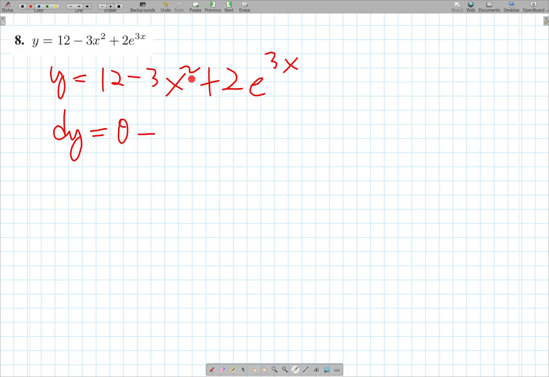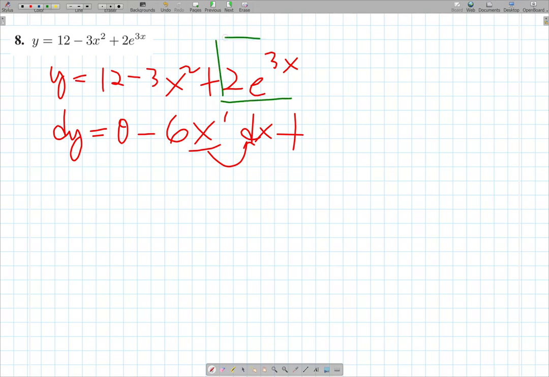So 2 times 3 is 6. Then copy the variable x, then 2 minus 1 is 1. Lagyan ko na lang ng 1 para clear. And the derivative of x is dx. Then next, plus. Okay, derivative of this one: since may e, just copy the 2, the number beside the e, then copy the whole 3x.